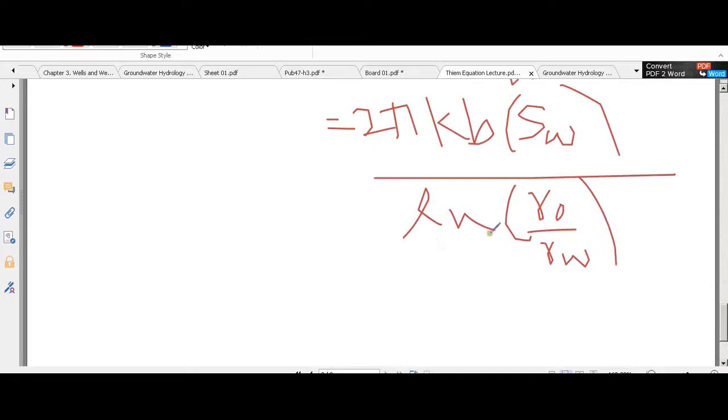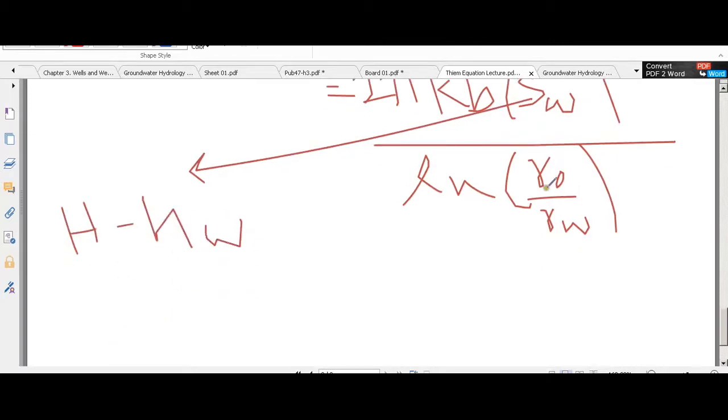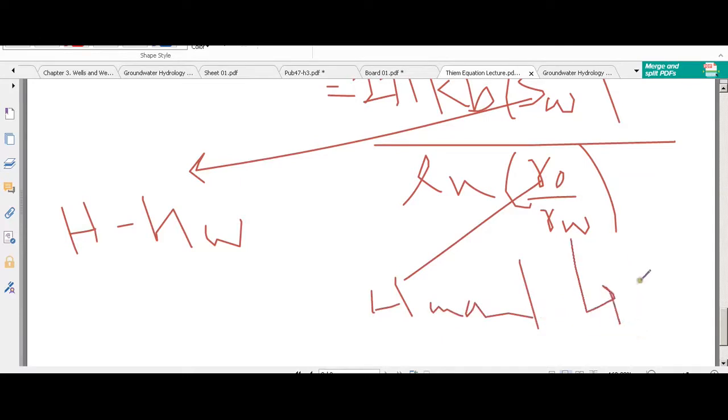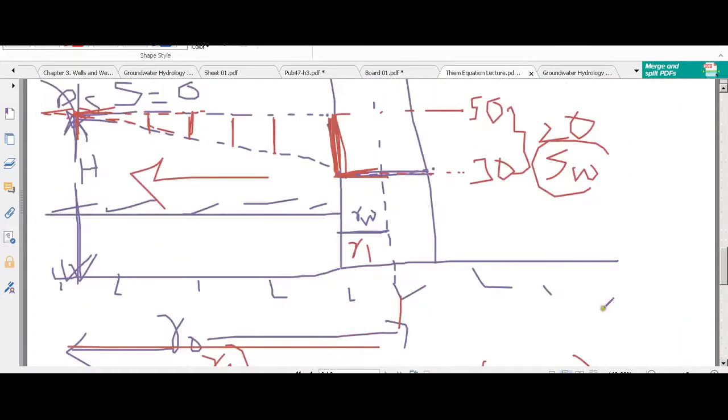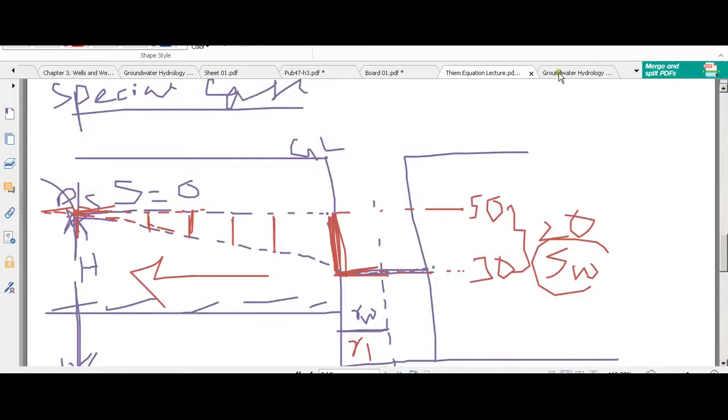This is the simple scenario. 2 pi kb, k is the conductivity, b is the thickness, SW is the difference between the maximum water level and the water level inside the well. So what is R naught? R naught is the radius where the height is maximum or the water level at rest, and RW is the radius of the tube, right? So that's the simplest scenario. I think you got that. That's what I was just trying to teach you.